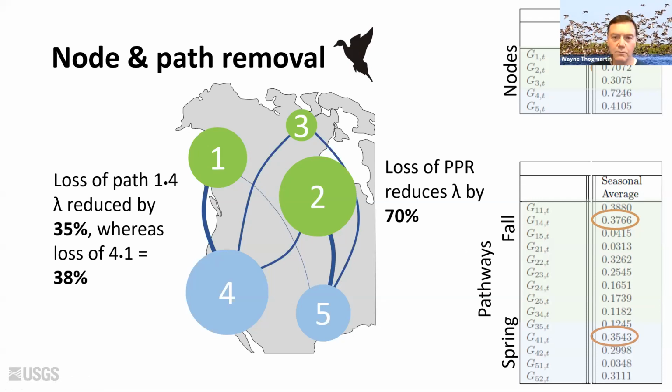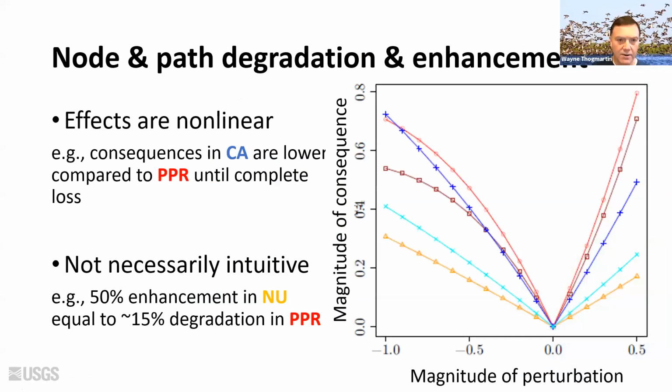Similarly, if we were to remove the connections between Alaska and California, we would reduce the network growth rate by 35 to 38%, depending upon whether we're going north or going south. But it's unlikely at such a large geographic scale for us to be able to remove nodes of such size.